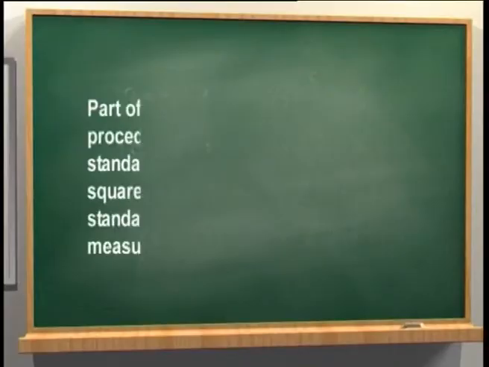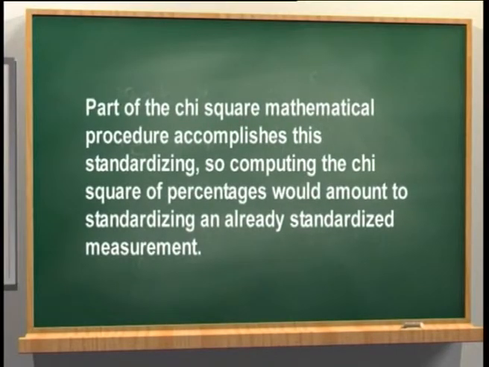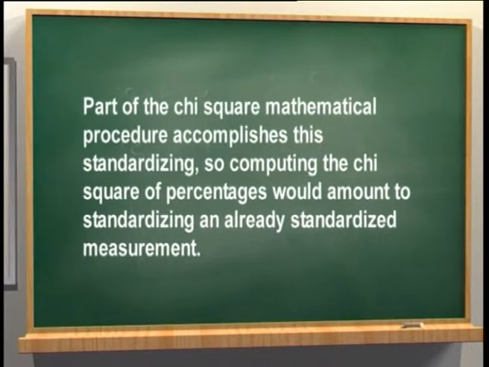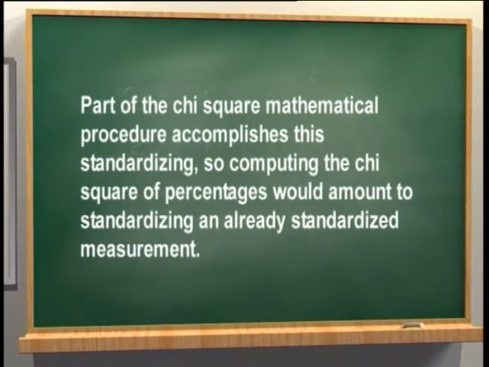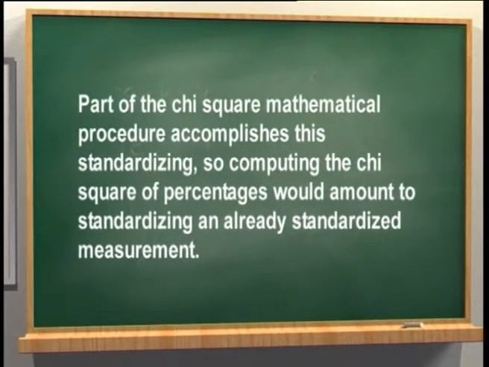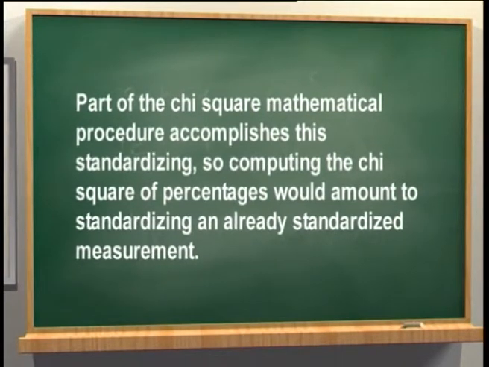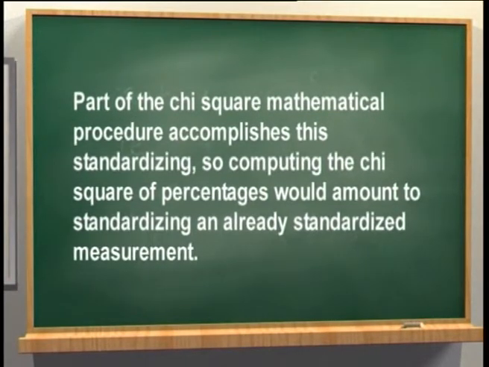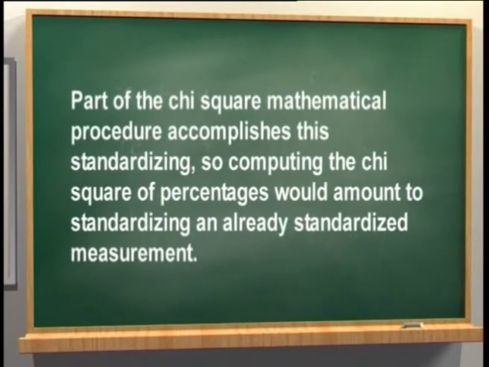As with any test of statistical significance, one's data must be from a random sample of the population to which one wishes to generalize one's claims. Part of the chi-square mathematical procedure accomplishes the standardizing. So, computing the chi-square of percentages would amount to standardizing an already standardized measurement.